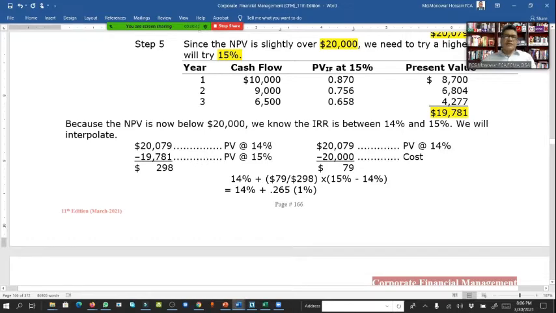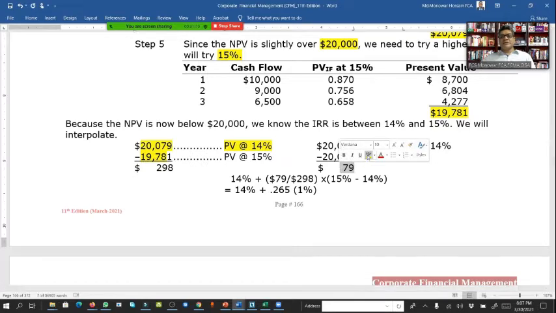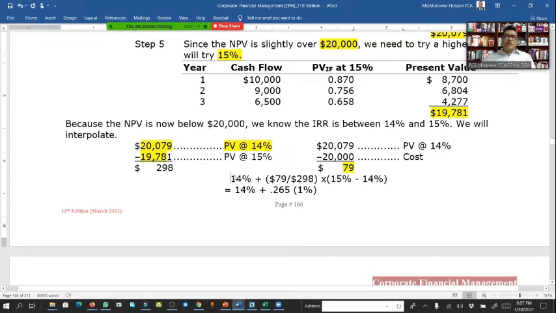For example, at 14% the present value is 20,079, and at 15% it is 19,781. If we subtract the cost, at the rate of 14% the net present value is 79. So here is the formula. We are taking two rates: one is 14%, the other is 15%.